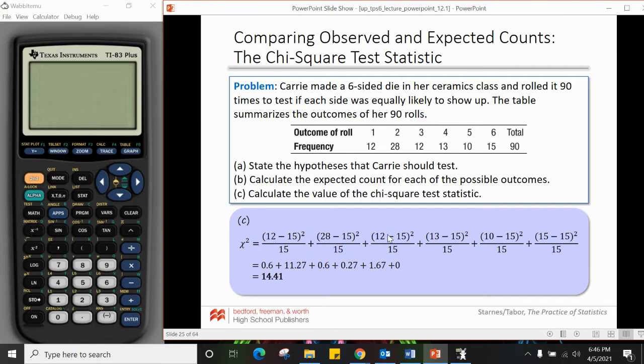This one's only off by 3. This one's only off by 2. This one's off by 5. This one's off by nothing. But here, where is all the difference from? All that difference got put into the second category, 28 minus 15, and gave us a pretty large number. So our chi-squared really got a large number from this one big difference.